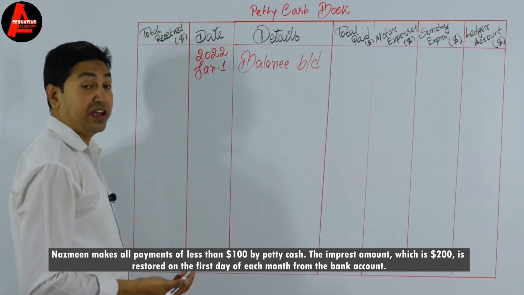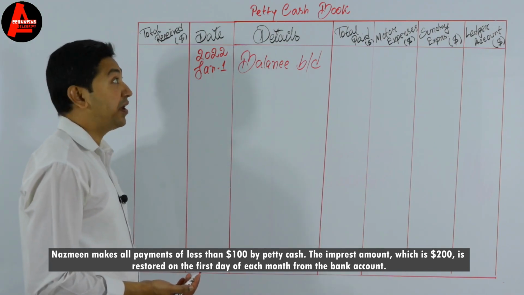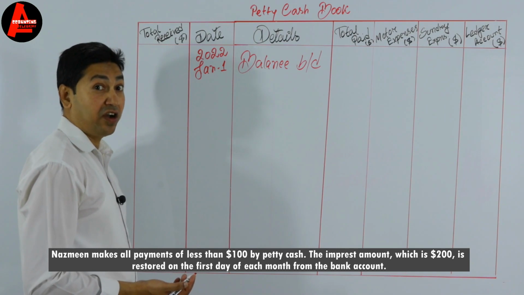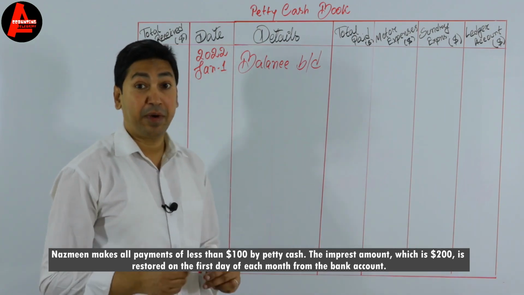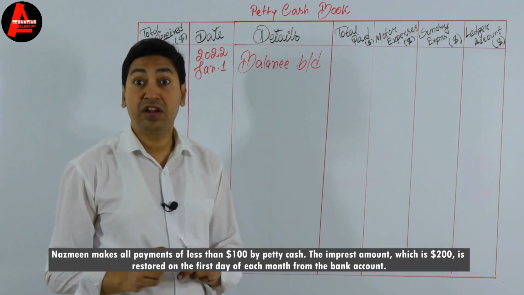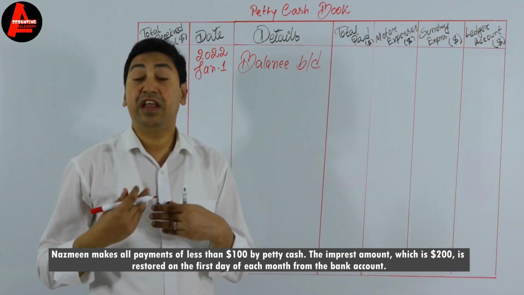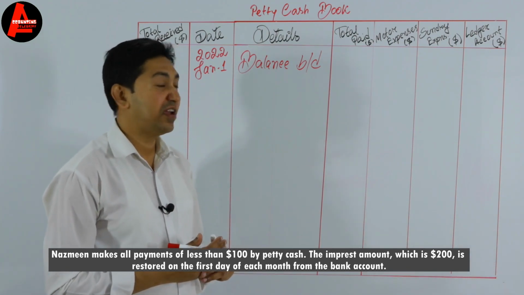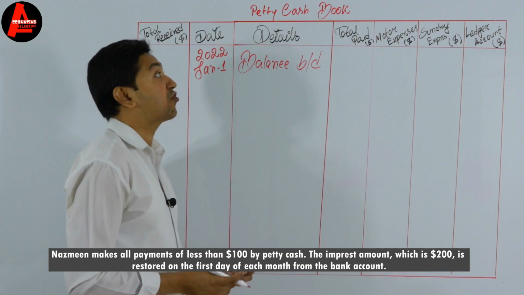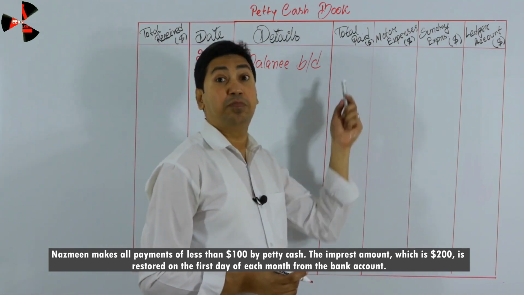She started her petty cash book with $200. This is an Imprest amount. Imprest amount means every month she takes $200 from the bank account, then she spends her expenses from this $200. So we will not write this amount on the total paid column.